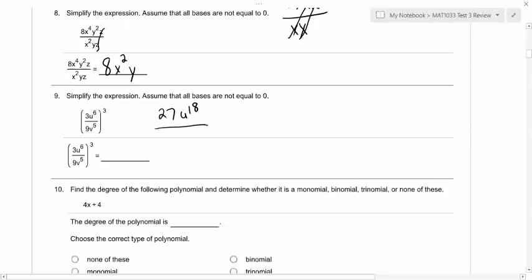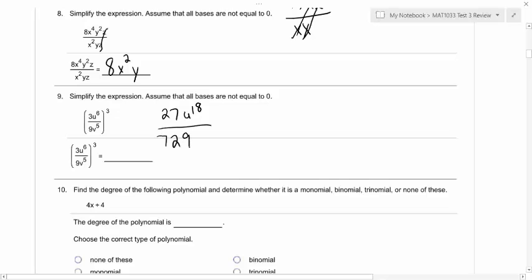Good. And then for the denominator, you would get 729 v to the 15th. Good. Now, unfortunately, those actually simplify, and I say unfortunately only because you might not see it, but I believe, yes, 27 goes into 729 27 times.